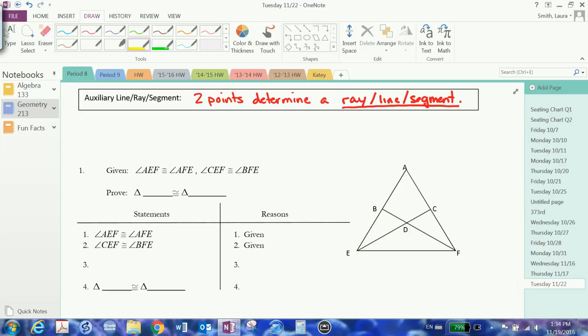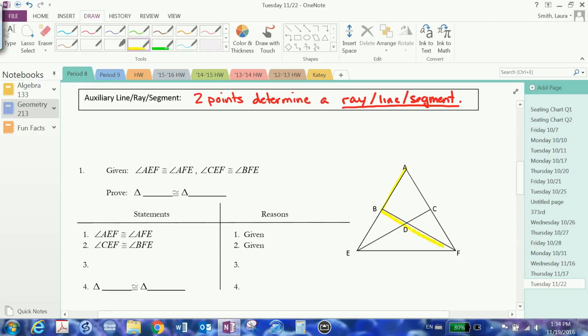I see this one and this one. That's another pair. So the first ones I saw were the bow tie, kind of like the bow tie triangles, and then these are what we call overlapping triangles. And I even see a third pair.